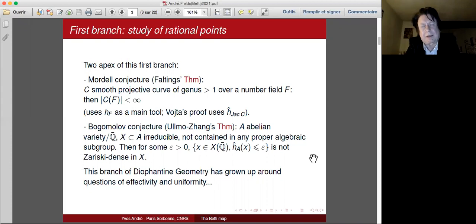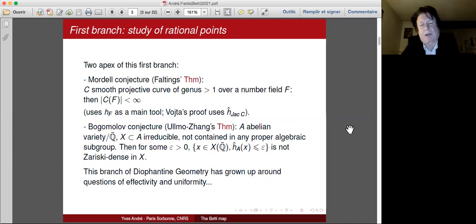If A is an abelian variety over Q bar, and if X is an irreducible closed subvariety which is not contained, for simplicity, in any proper algebraic subgroup of A, then there exists some positive constant epsilon so that the algebraic points in X of Néron-Tate height at most epsilon are not Zariski dense in X. So this goes beyond the Mordell-Lang conjecture.